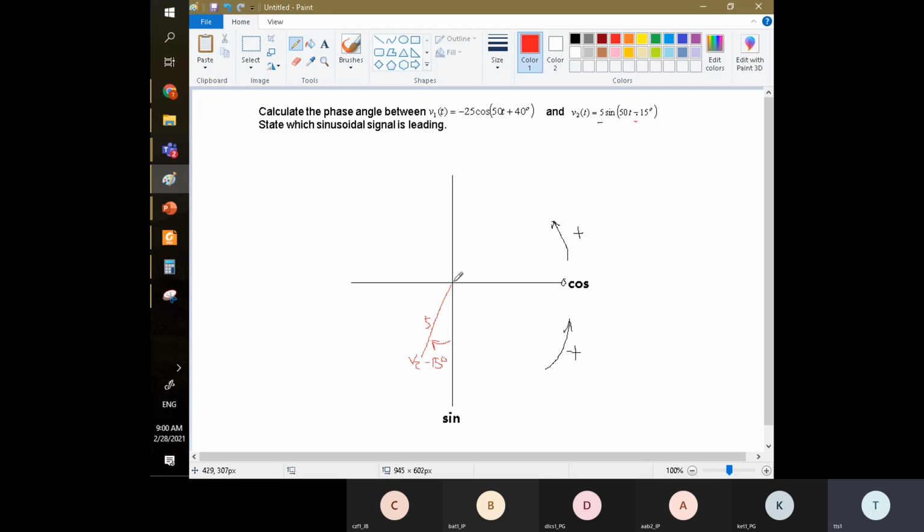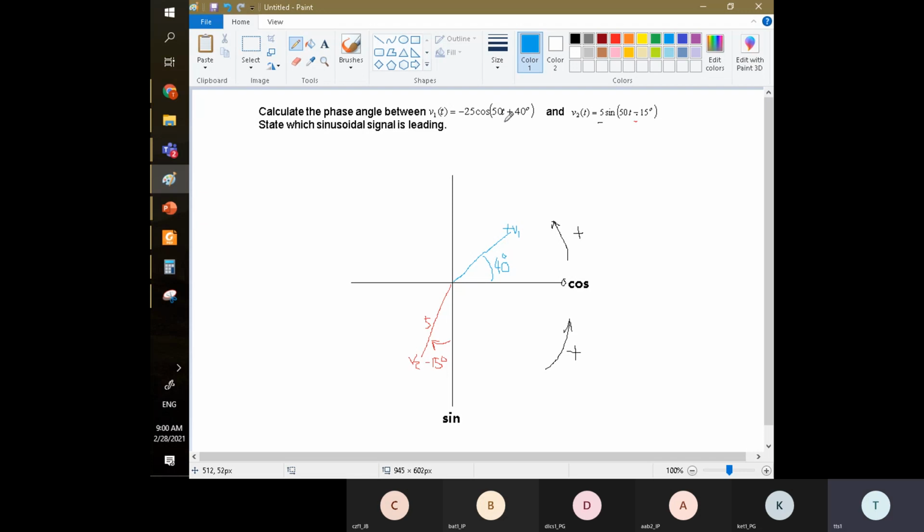I use a light blue color here. Here is plus 40, because plus goes anti-clockwise, right? So this is V1, positive.